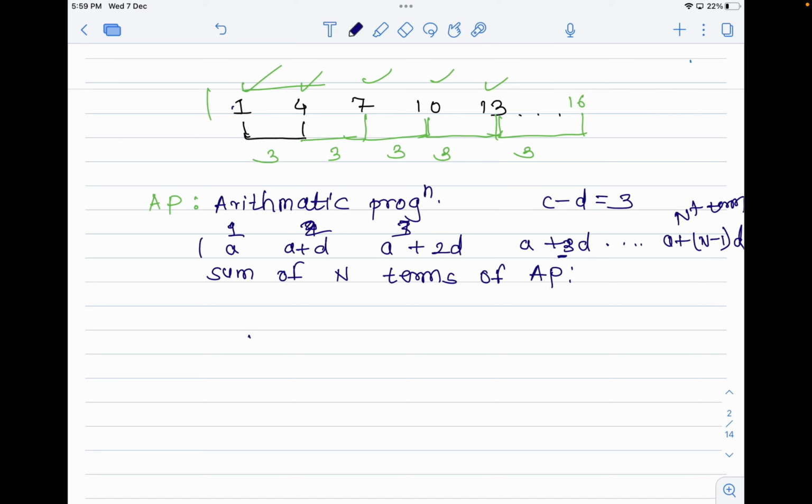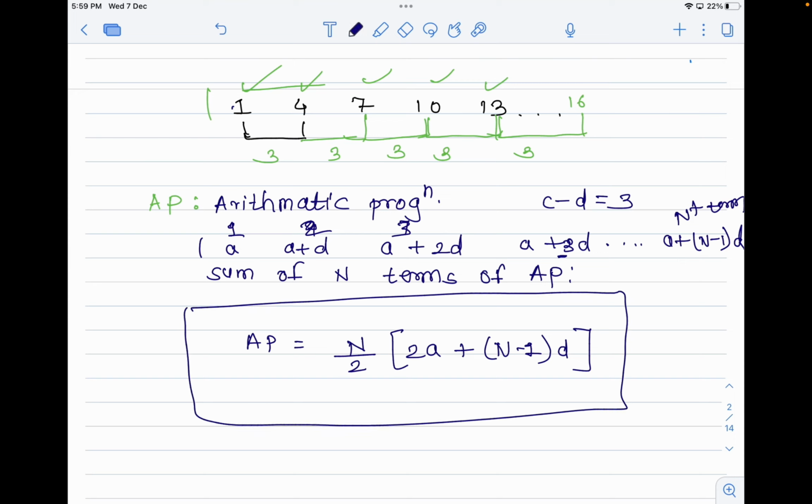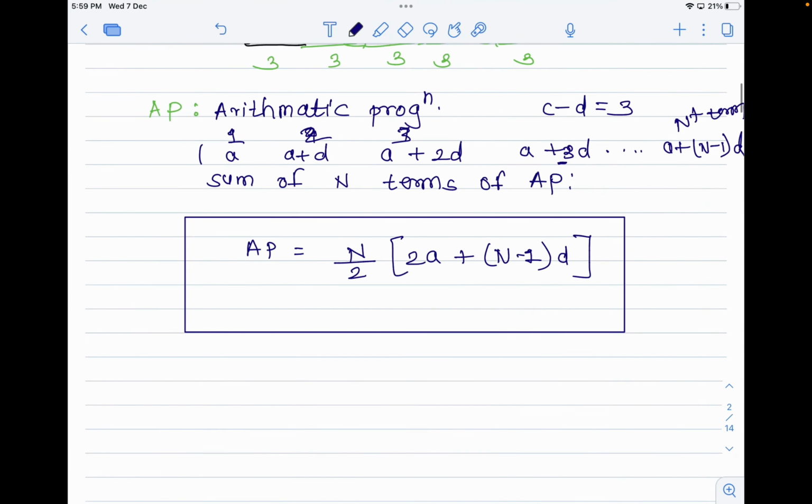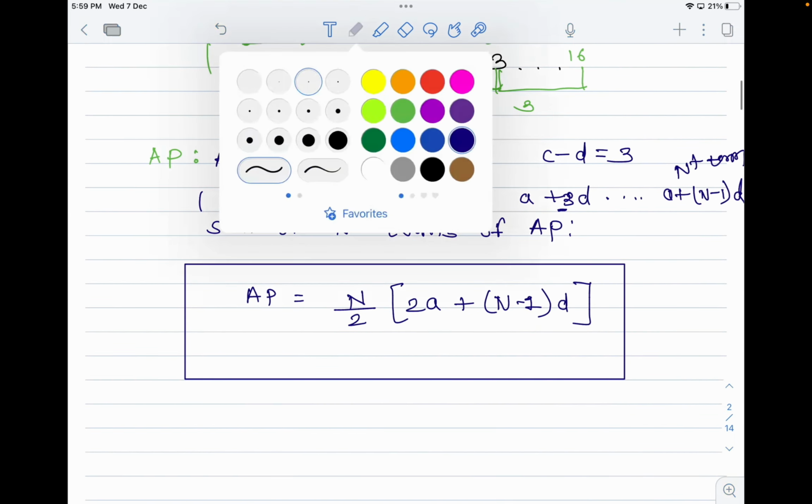So there is a formula of AP, that is n divided by 2, into 2A plus (n minus 1) into D. This is the formula of AP. So now let's put the values and check the answer.